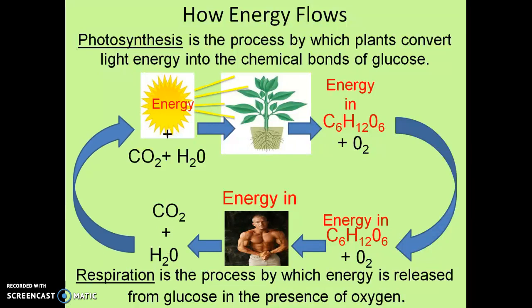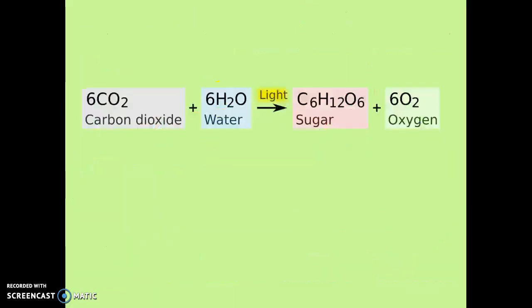You've probably noticed by now that these two processes are the exact opposite of each other. So this is really a cycle. Photosynthesis, cell respiration. Then we can go through photosynthesis again, or plants can, and then cell respiration can happen. So these processes really do go together, hence why we teach them in the same chapter.